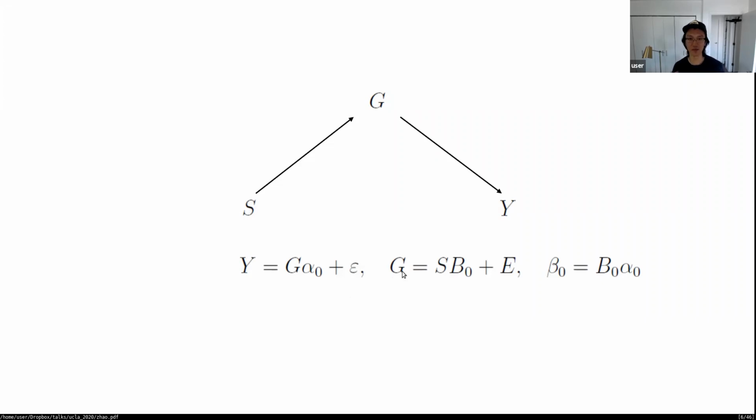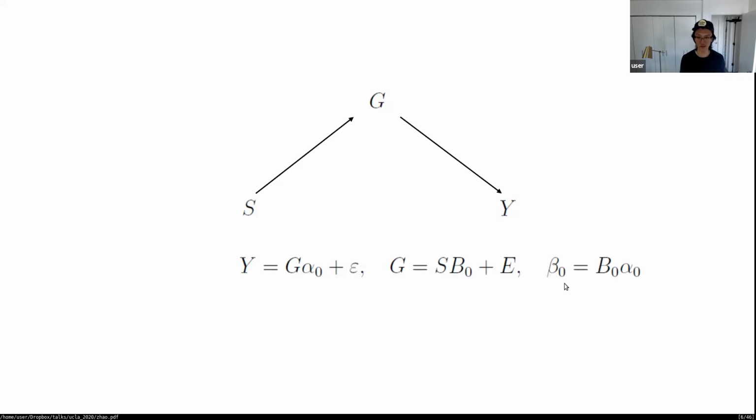And then the ultimate association I'm interested in is between S and Y. If you just substitute this equation into this equation, then you find that this parameter, beta 0, which is the product of this capital B 0 and alpha 0, is ultimately the parameter I'm interested in. So beta 0 quantifies the relationship between S and Y. Does that make sense?